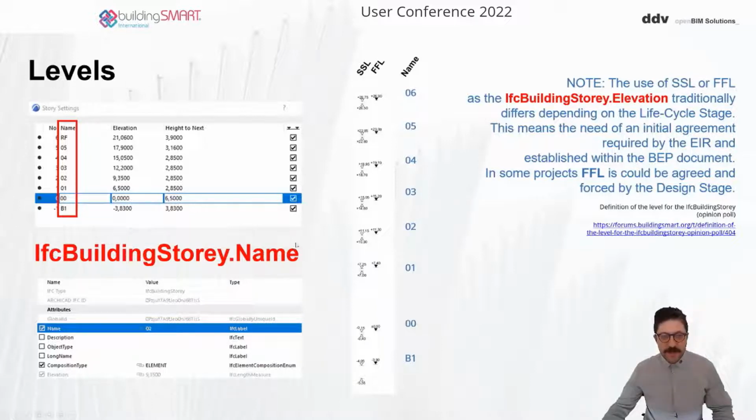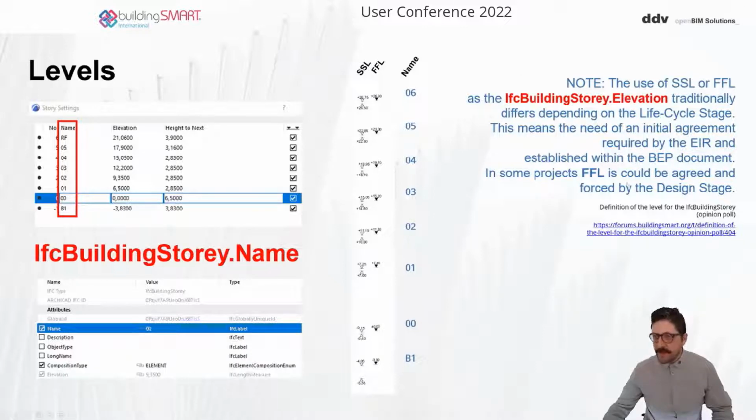So depending on our information requirements in our BIM execution plan, we will have to deliver our models defining the name of those levels. And when we are doing it within Graphisoft ArchiCAD, what we are doing is establishing the name of our IFC building story. This is quite important.